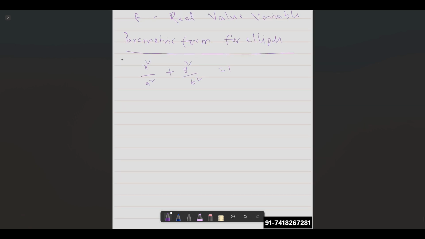So what is an ellipse? An ellipse we can obtain from our standard circle by stretching and squeezing the x and y axis, or alternatively the y and x axis.